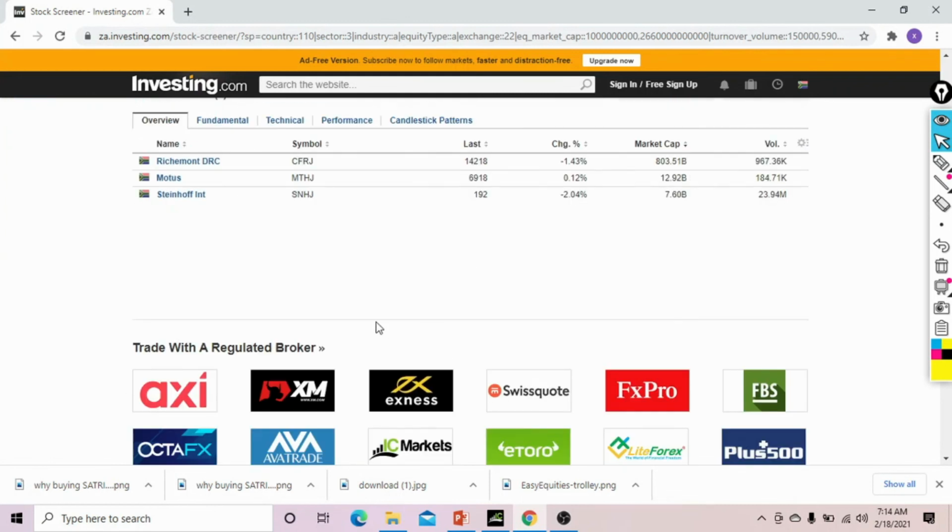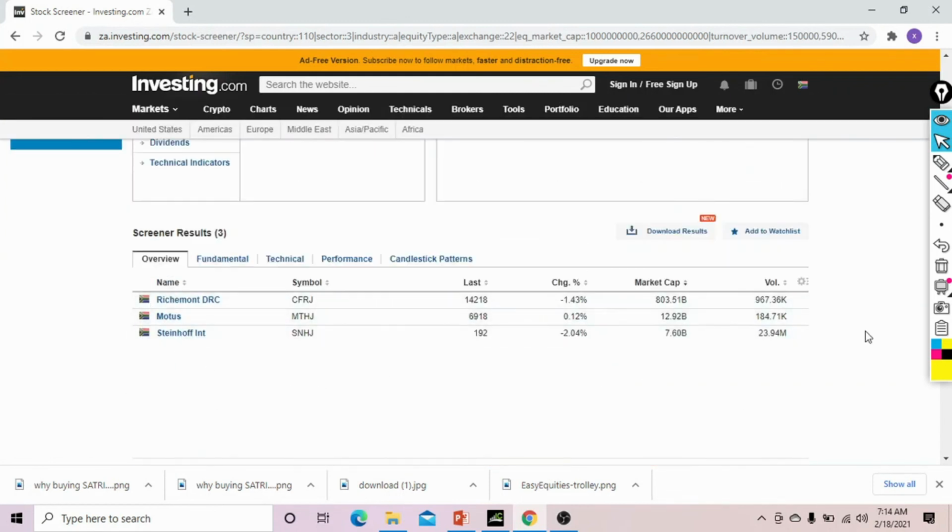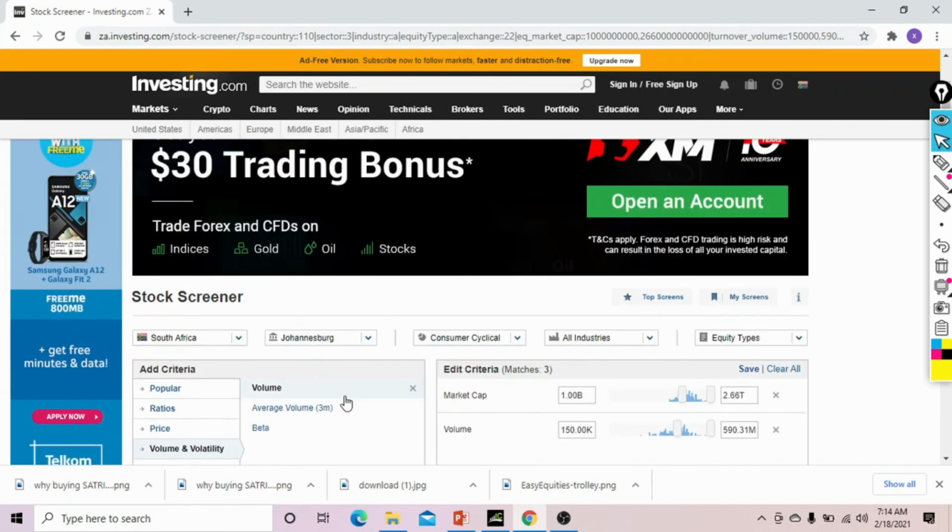Now you can see the list has been reduced. These are the only stocks with a market cap of more than 1 billion and a daily volume of more than 150k. Because you don't want to buy a stock that owns you. You want to buy a stock that is liquid. Liquidity means it's easy to buy it, easy to sell it, easy to get in and get out. So that's the kind of stock you should be looking for.